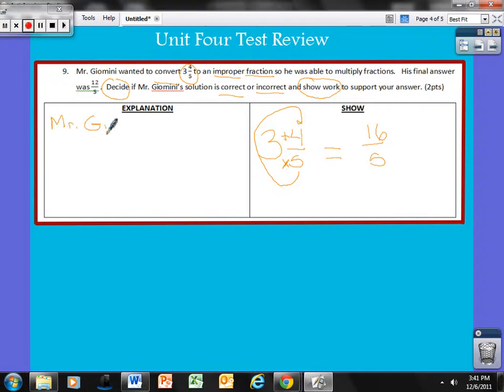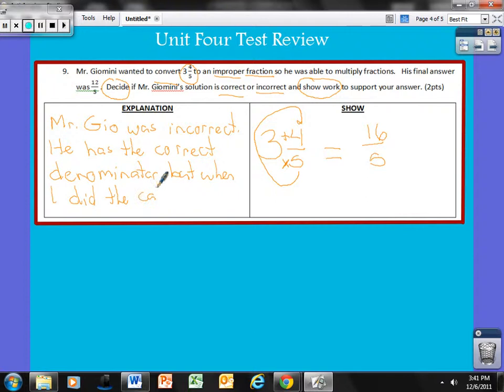Mr. Gio was incorrect. He has the correct denominator, but when I did the calculations, my answer was 16/5.